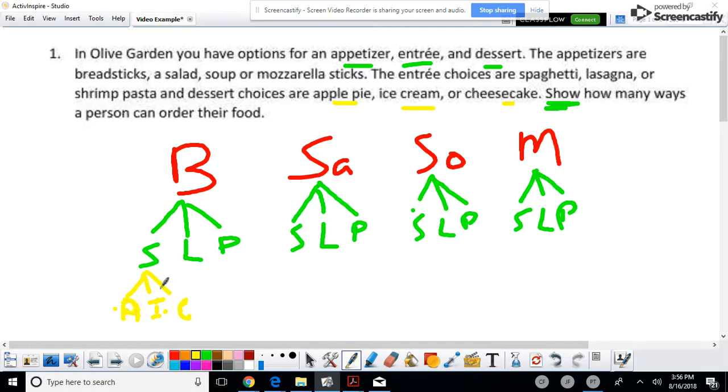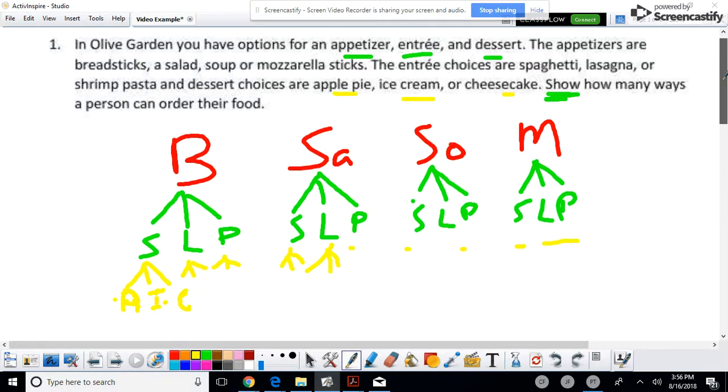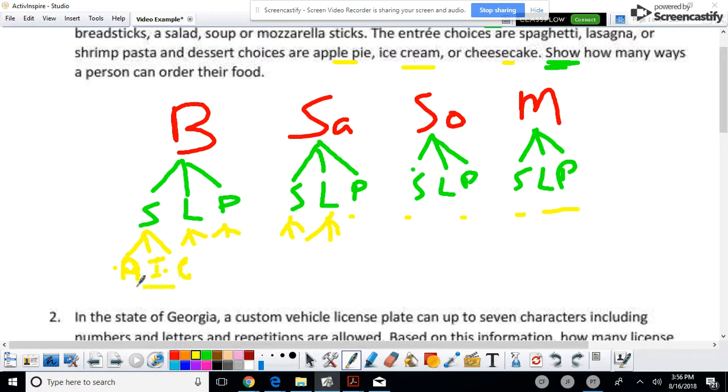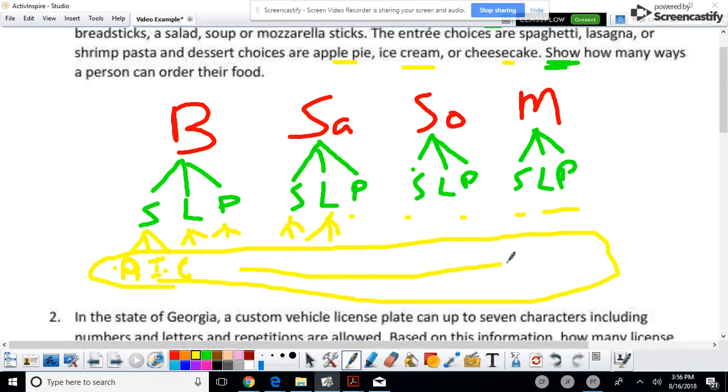Now, this is going to go all the way across. 1, 2, 3, 1, 2, 3. Same thing here and there, and all the way across. Now, that's how you draw your diagram. And then you would just count how many letters you have in this bottom row all the way across, and that'll give you your answer.